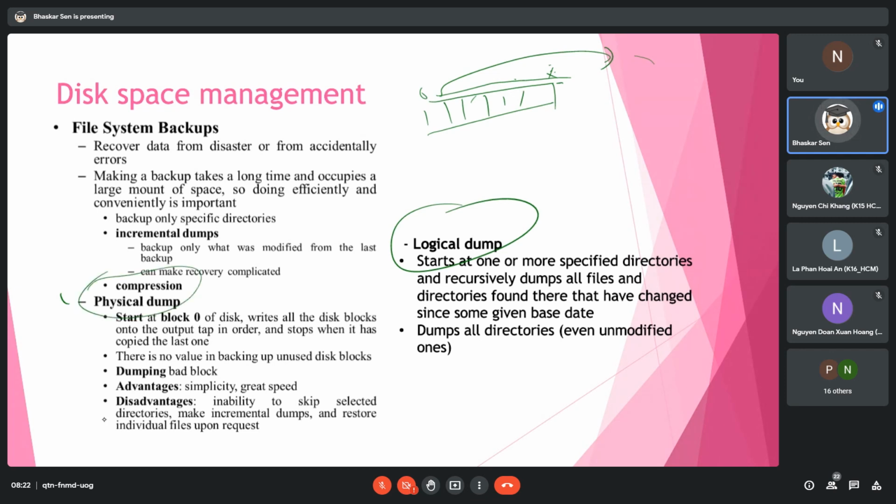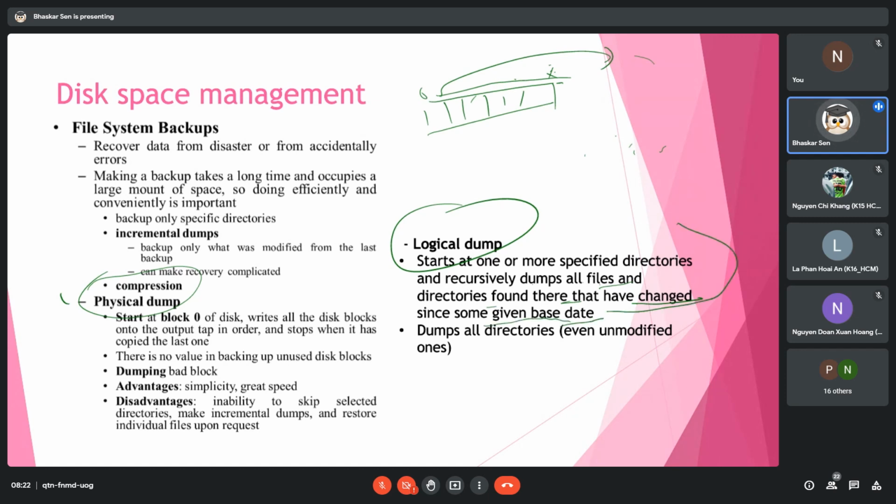Now, logical dump literally means you recursively back up only those folders from a certain point of time, and that is what they're talking about. Recursively dumps all files and directories found there that have been changed since some given base date.